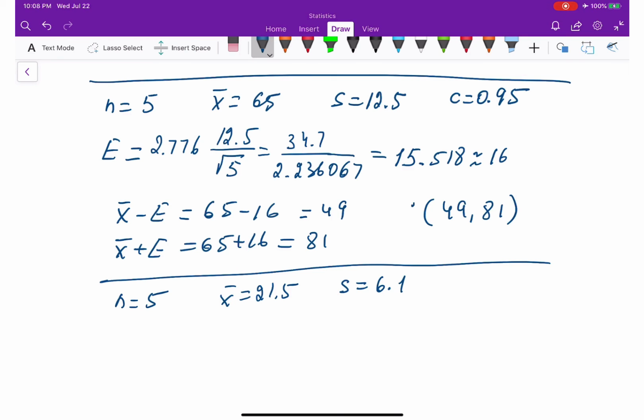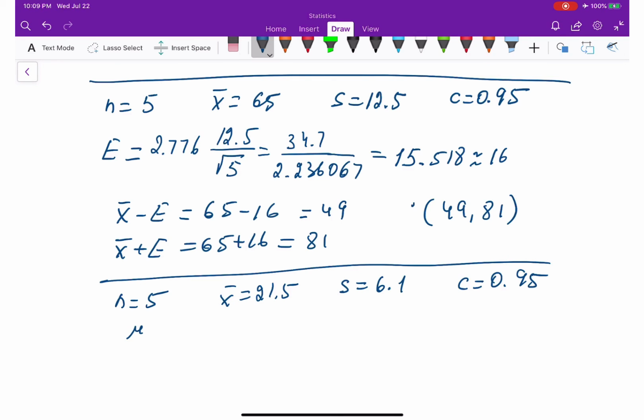Assuming the population is normally distributed and using the t-distribution, a 95% confidence interval for the population mean mu is given.